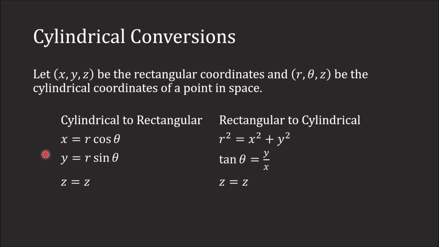To go from rectangular to cylindrical, we have the three formulas: r squared equals x squared plus y squared, tangent of theta is equal to y over x, and z is equal to z.